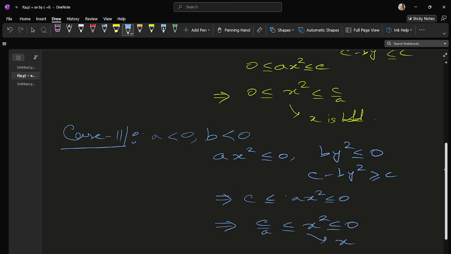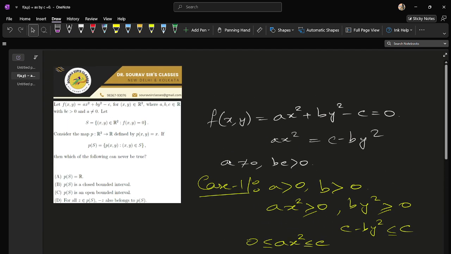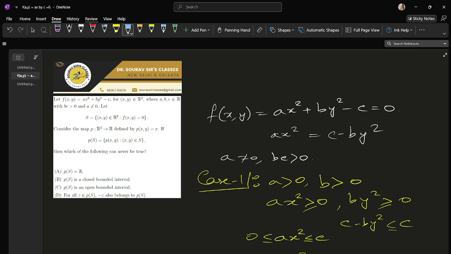Again we can say that x is bounded. So in both cases x is bounded, so PS cannot be all of R. As R is an unbounded set, option A is cancelled here.